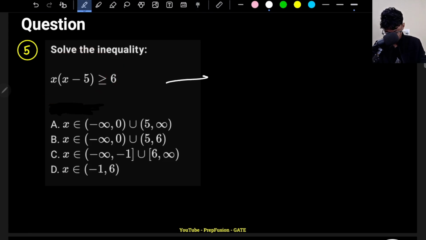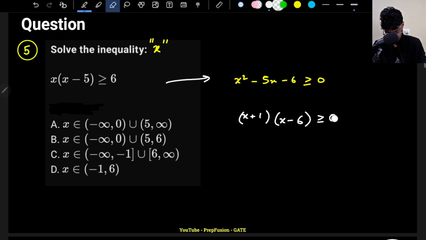So solve for x: x square minus 5x minus 6 is greater than or equal to 0. Now I will factorize. This will be x plus 1 into x minus 6 greater than or equal to 0.